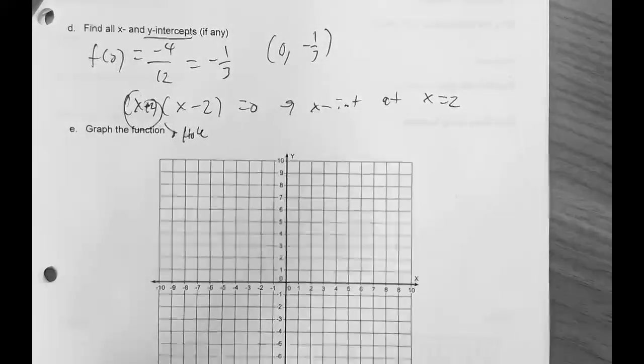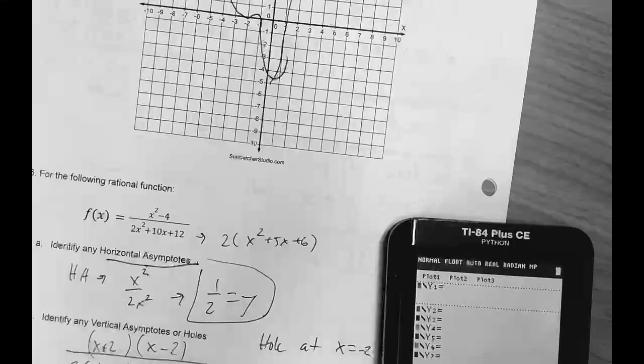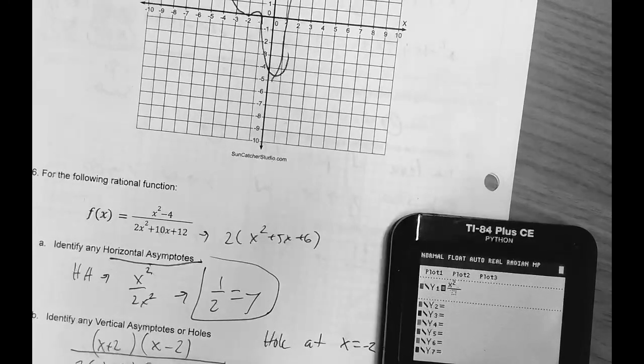Okay, and again, we can use our graphing calculator to verify this. x squared minus 4 on top, 2x squared plus 10x plus 12 on the bottom.